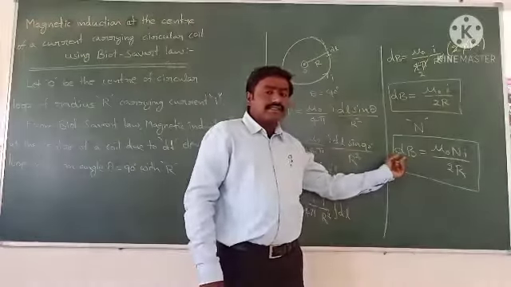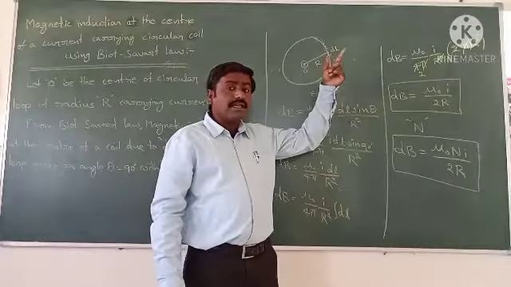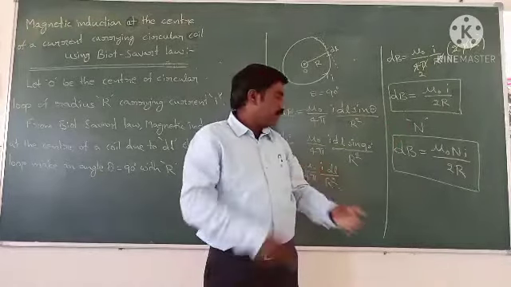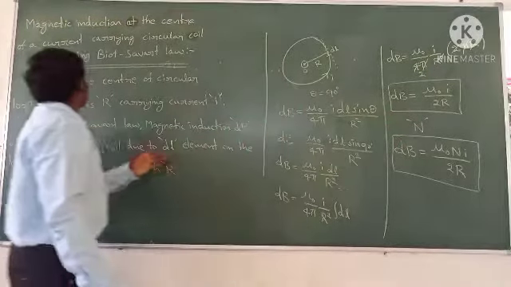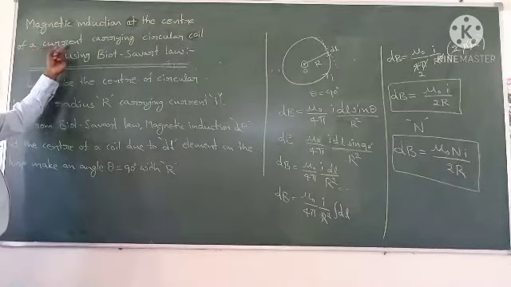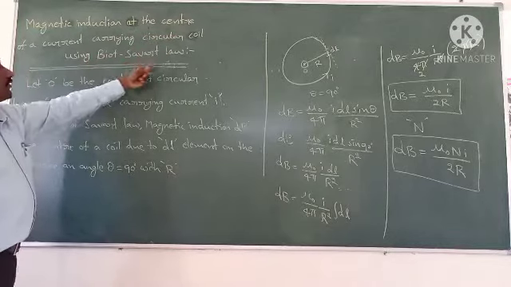And this formula indicates the produced magnetic field at the center of a circular coil consisting of capital N number of turns. So this is our today's topic, magnetic induction at the center of a current carrying circular coil using Biot-Savart law.